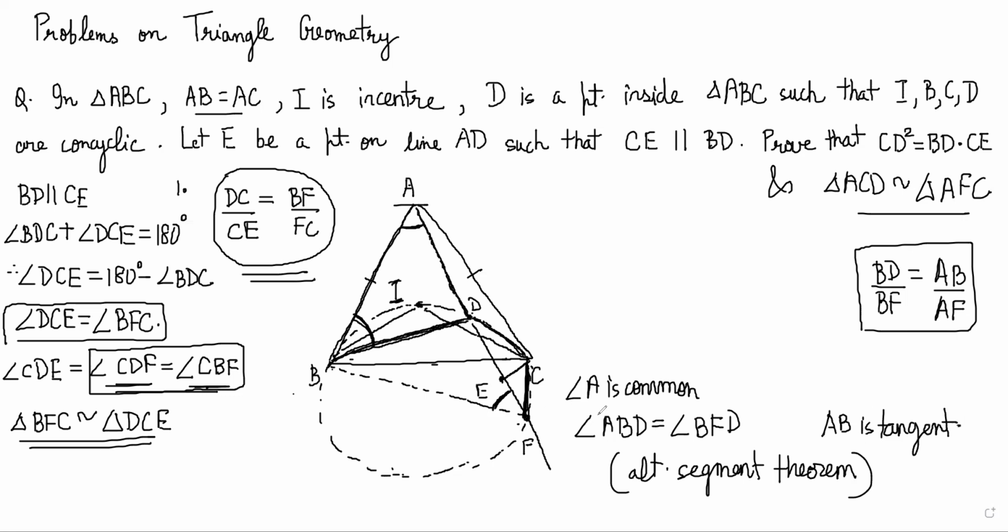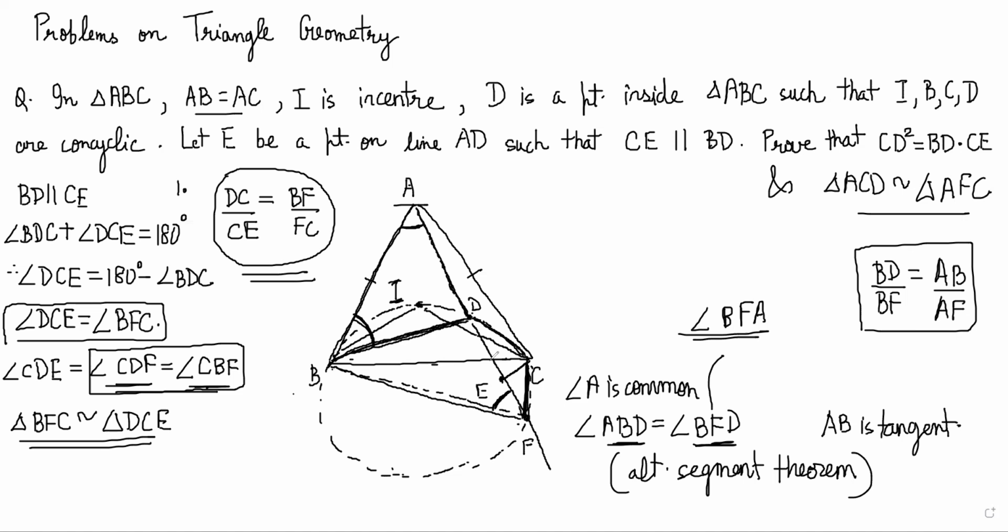So now there are two common angles in the triangles that we are looking at, right? Okay, I was getting confused because my angle BFD is the same as angle BFA.